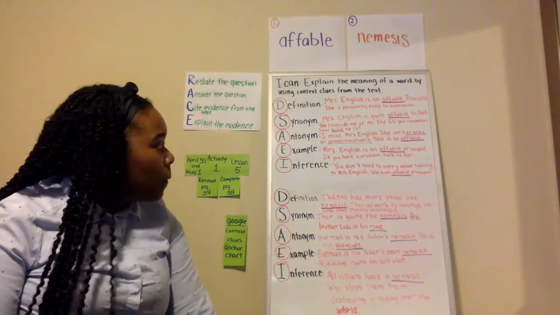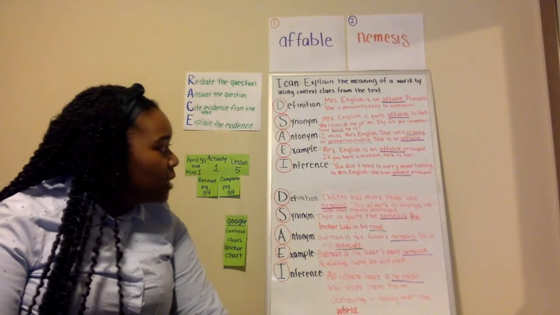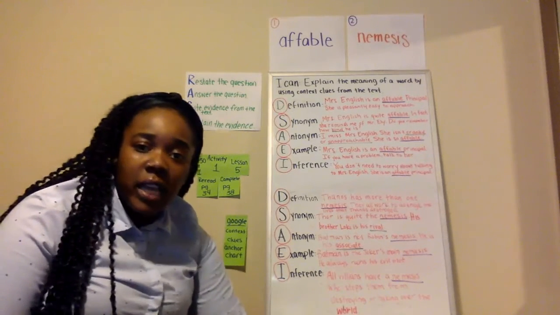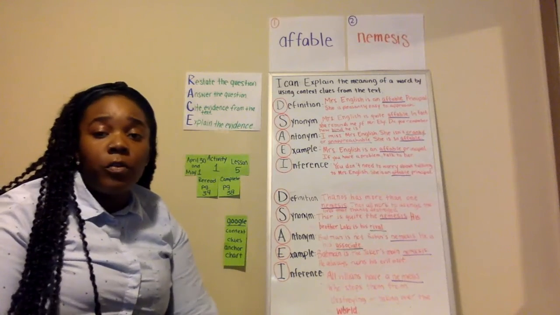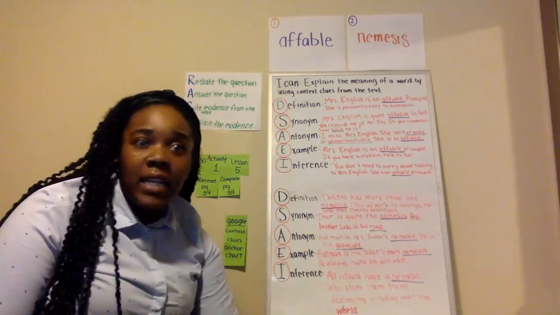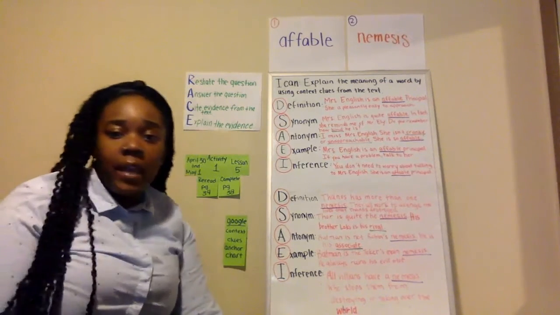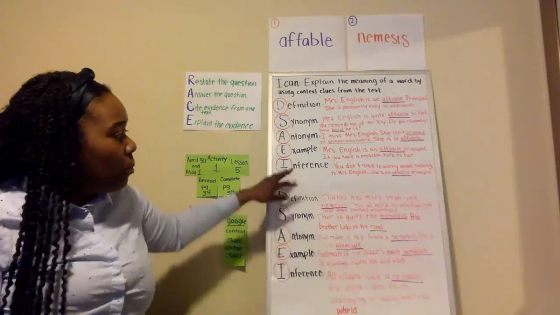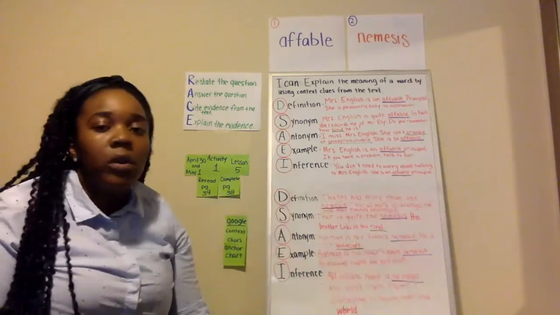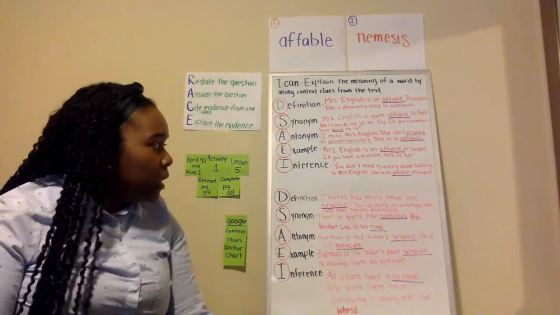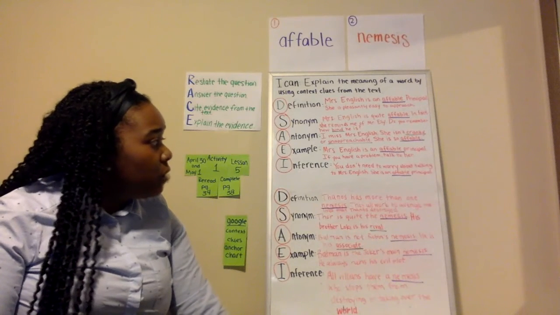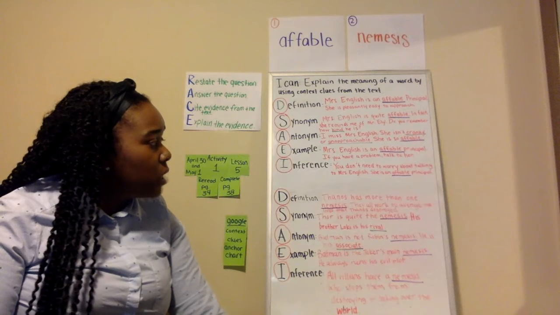And the last one is an inference, or something inside of the text that the author implies, but doesn't necessarily outright say, that helps us determine what a word means. Inference: you don't need to worry about talking to Mrs. English.